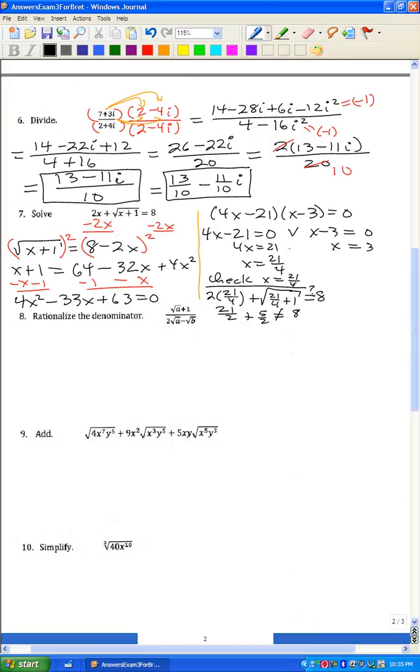The answer is no. So we have that this is an extraneous solution. But notice that if I would have changed the sign, then it would have worked. And so if I would have had 21 over 2 minus 5 over 2, then I would have gotten it correct. Let me check for x equals 3.